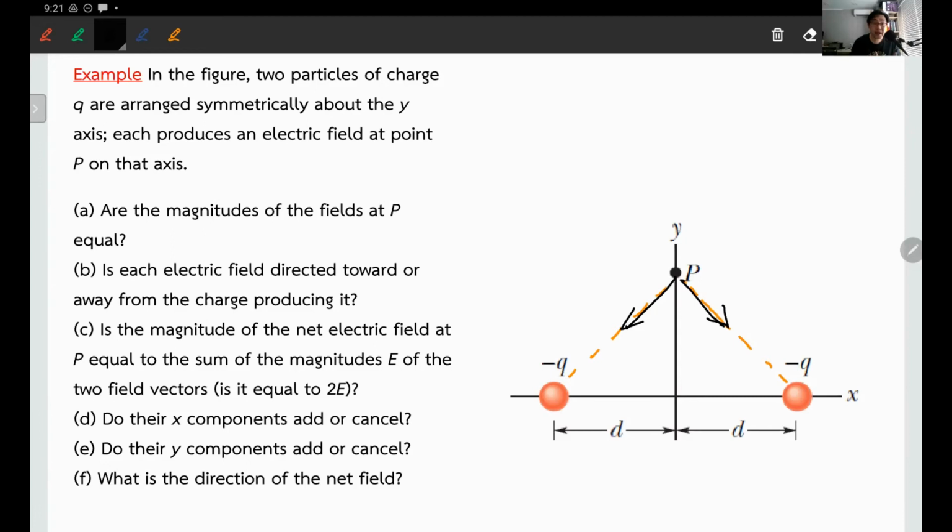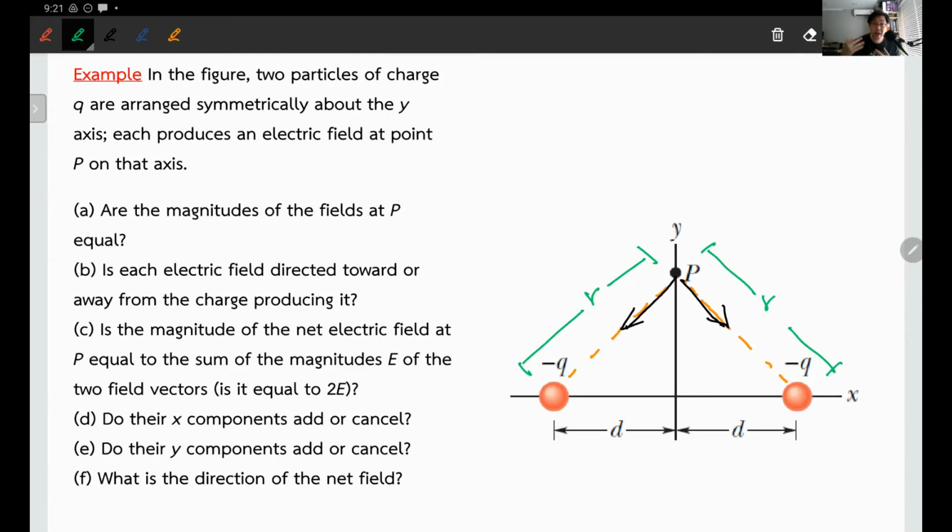Second is the magnitude. The magnitude depends on how far away from the charge originating the field. Look at the left. The distance from the charge to the point of interest, let me call it R. But from the symmetry, the same thing happens on the right side as well. Very good.